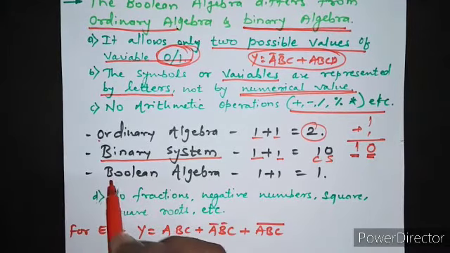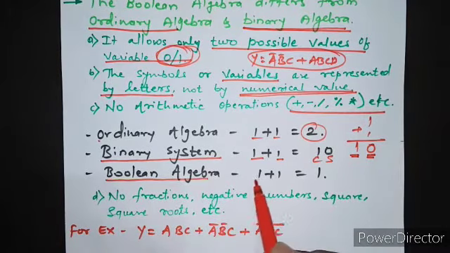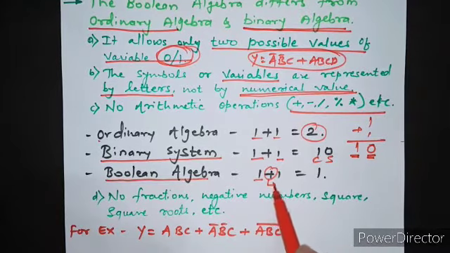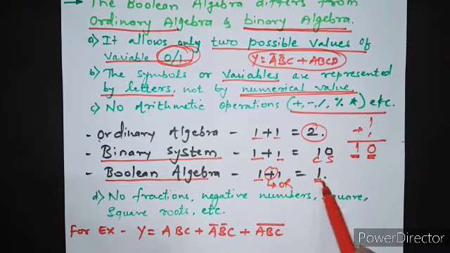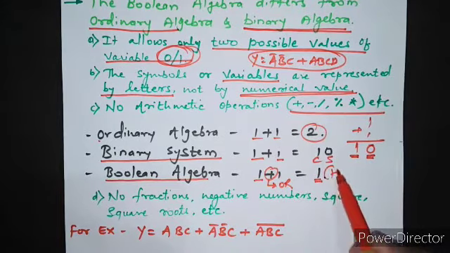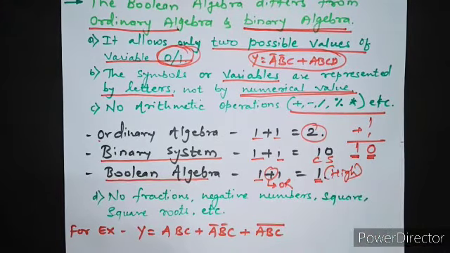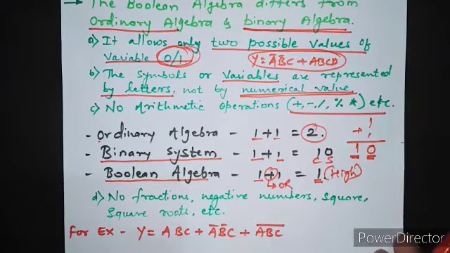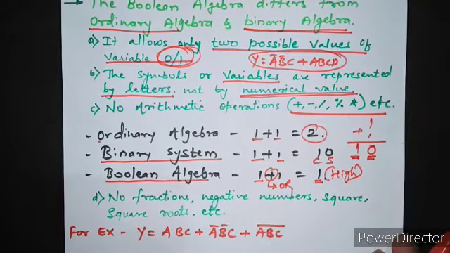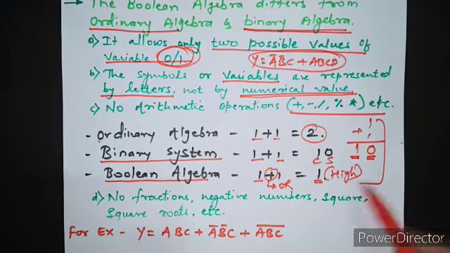Now in Boolean algebra, this is not plus, this is OR. 1 OR 1 is 1, and this output can be treated as high. So a while ago we discussed that Boolean algebra differs from ordinary and binary algebra in this way.